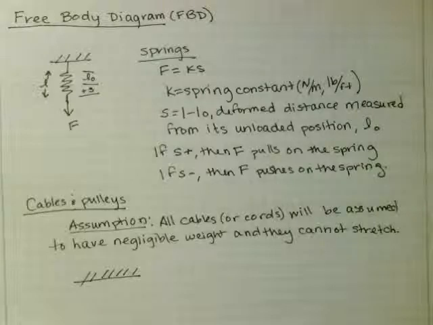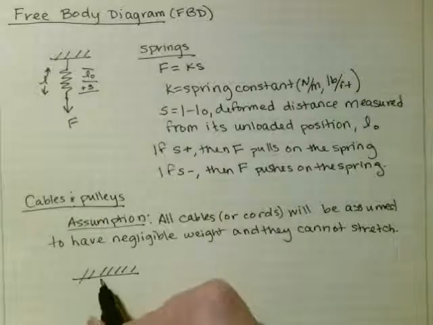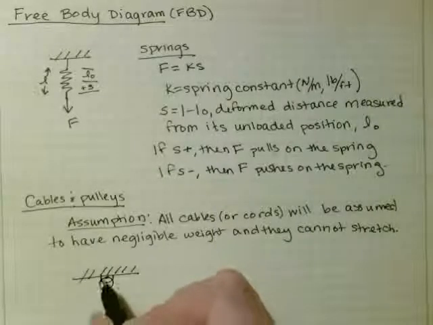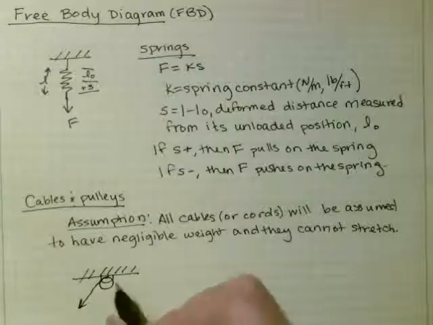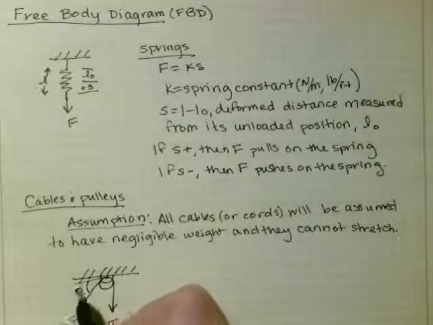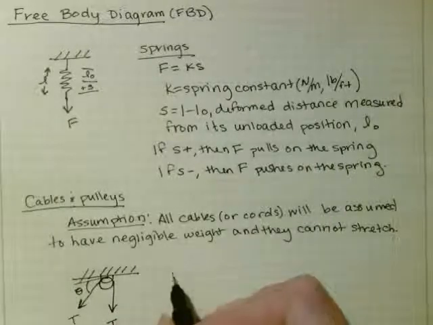This denotes like a ceiling or a wall, basically a fixed surface. So if we had a cable like this over a pulley, we have tension T and tension T, but this one would act at angle theta.